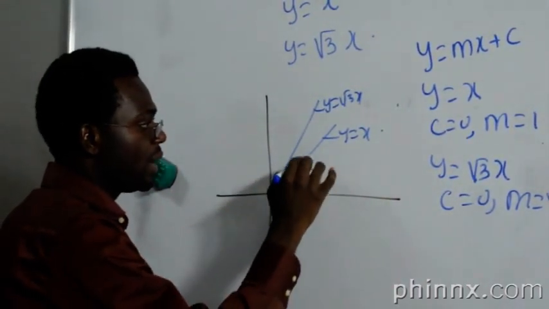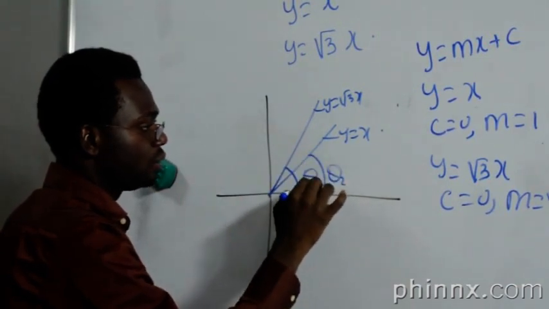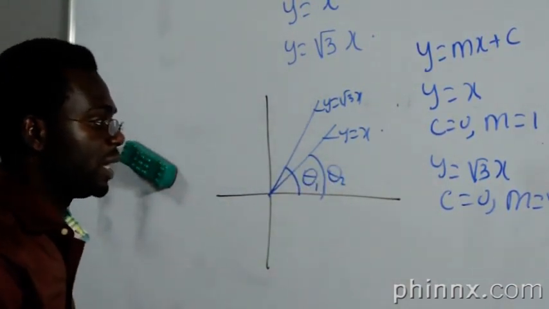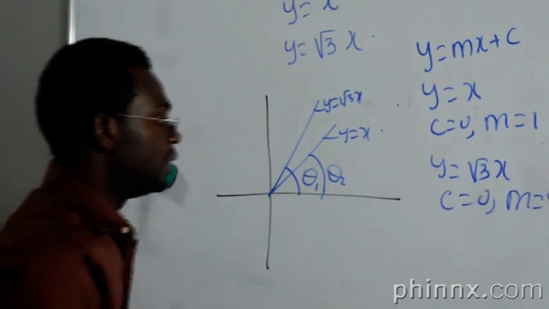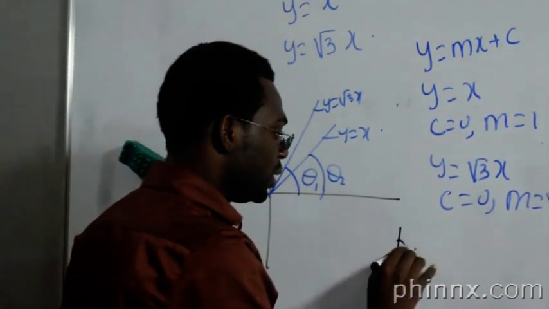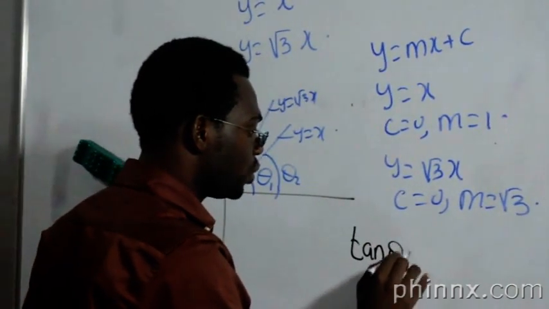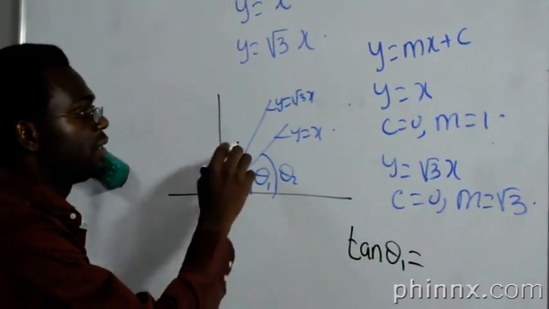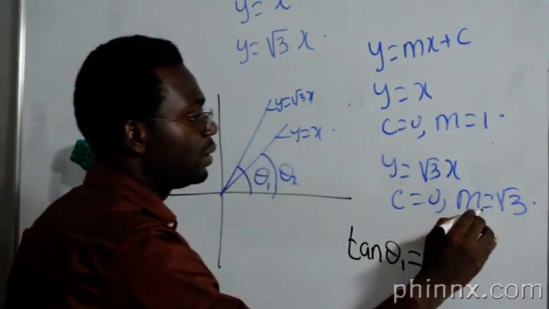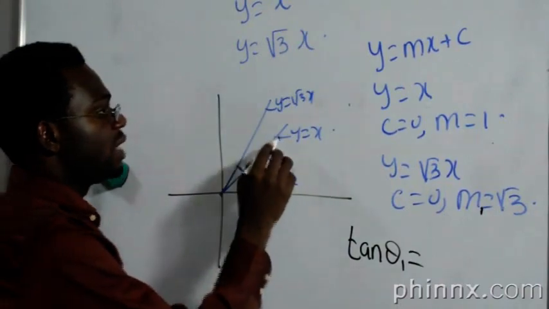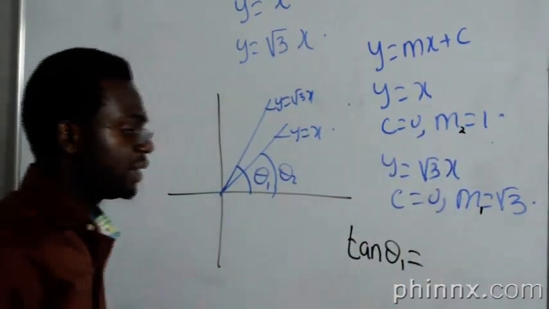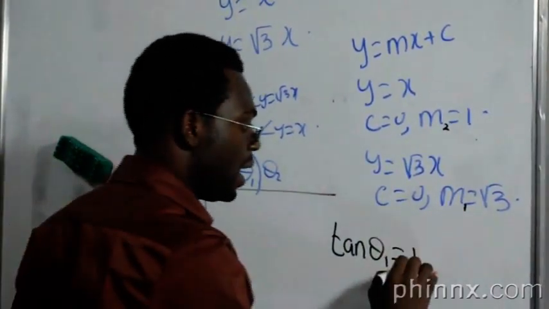Let's call this angle theta 1 and this angle theta 2. Let's call the slope of this line m1 and the slope of this line m2.